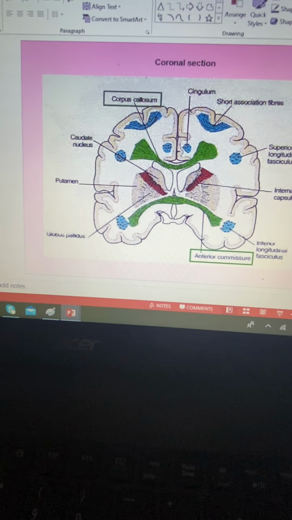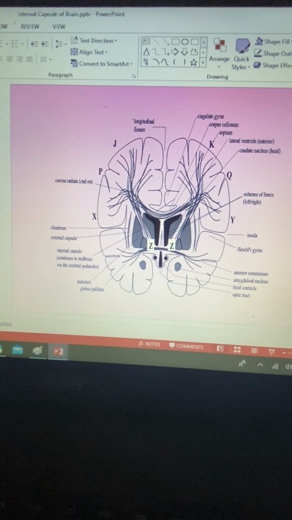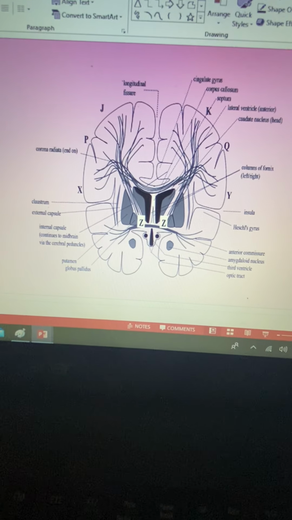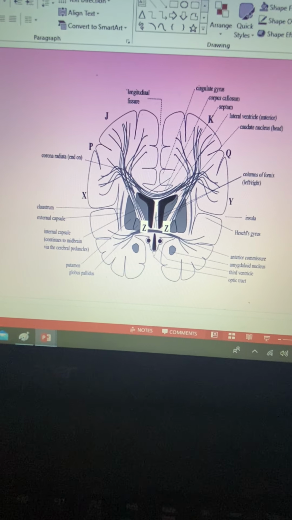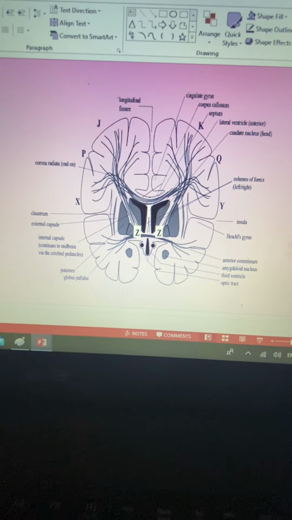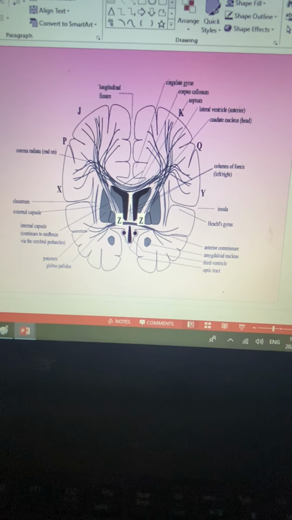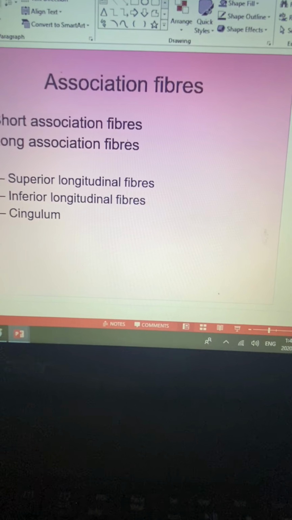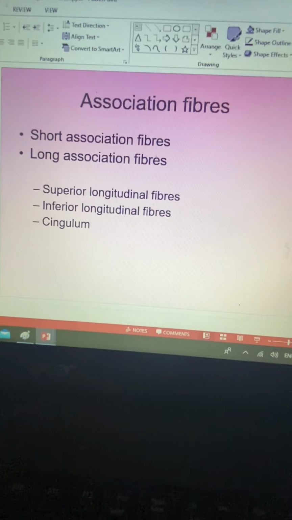Again, this is how the fibers are arranged, how they are connecting different parts of the brain to one another and to the other hemisphere, right? So I have explained this.